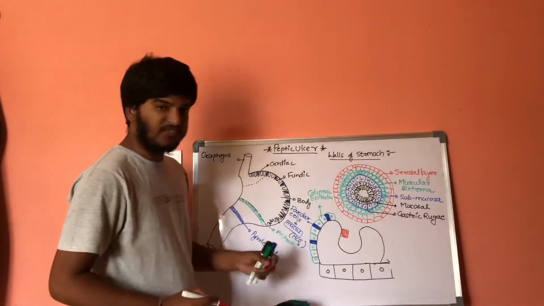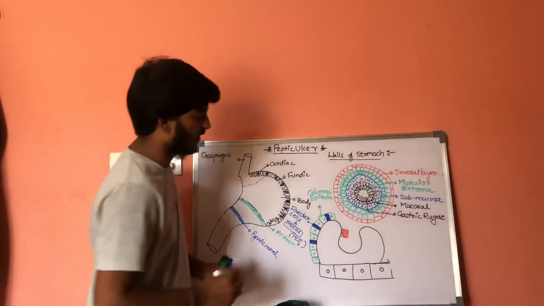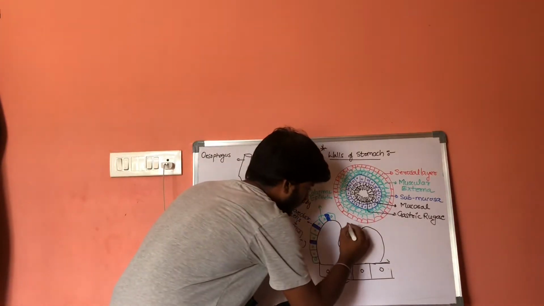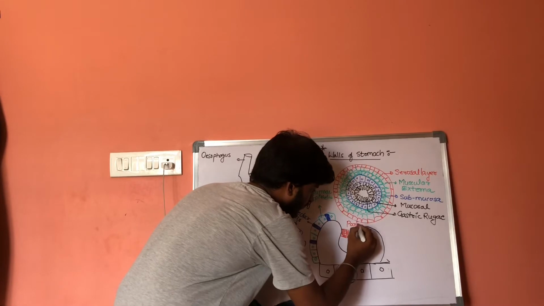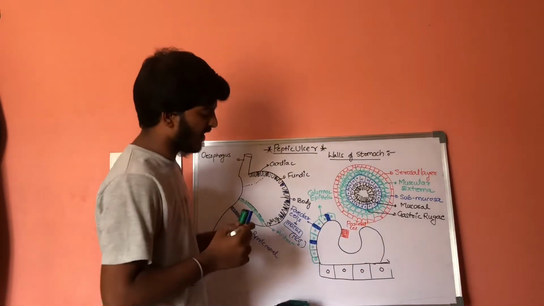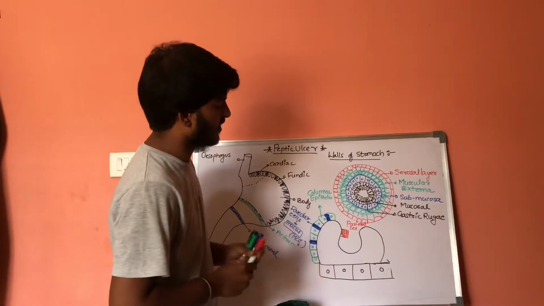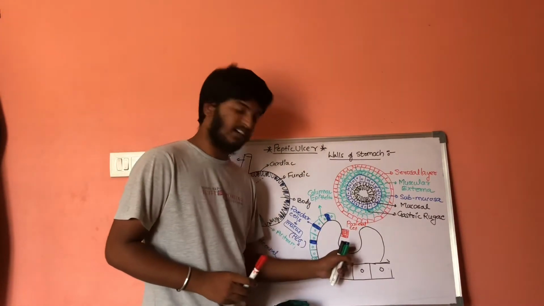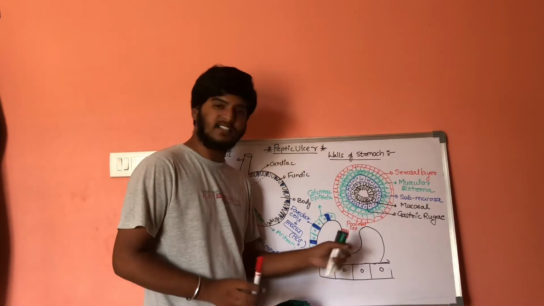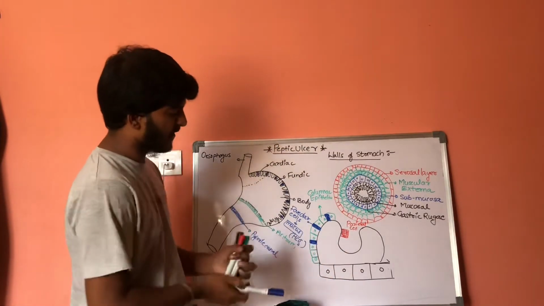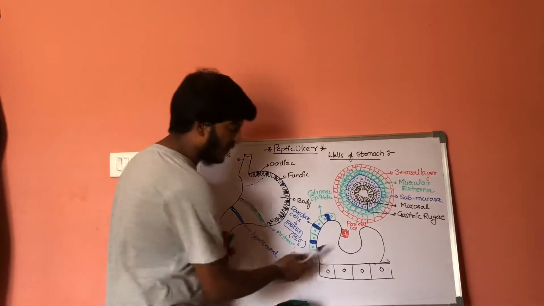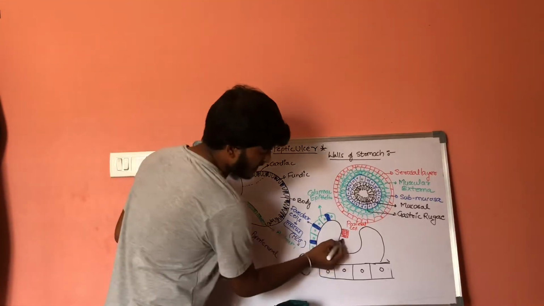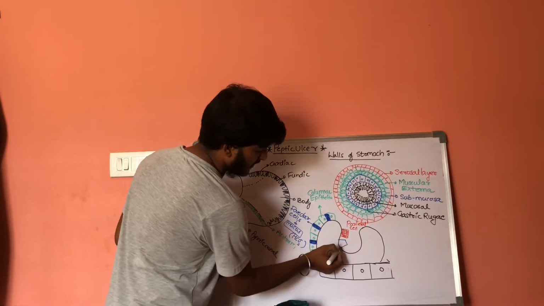This special kind of cell is called a parietal cell. On the surface of these pits, it consists of parietal cells, and below these parietal cells there are special cells present.